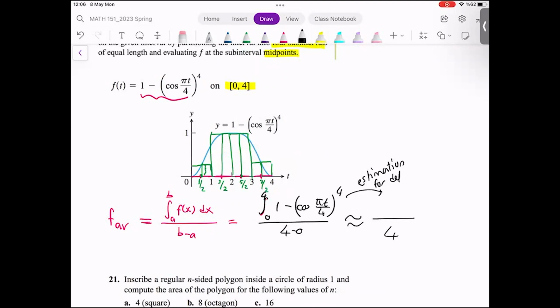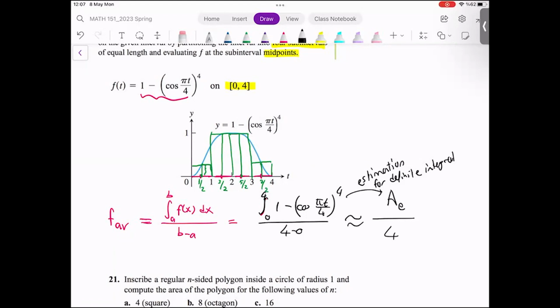Estimation for the definite integral, let's say. Okay, let's name it as area estimated. I use this notation AE because I will compute an estimation for the area under the curve. Area under the curve is the same as the definite integral.